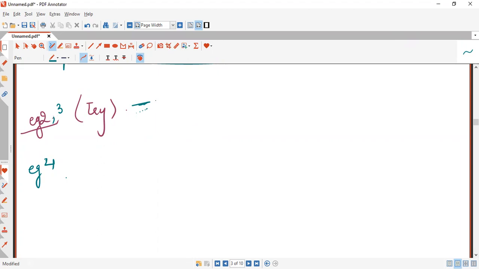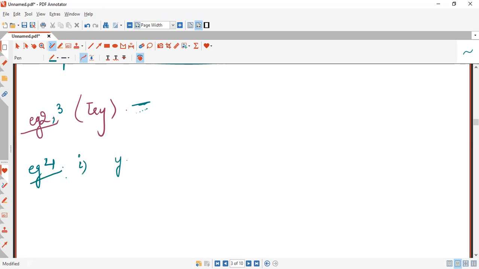The question is not asking to reduce it into the canonical form. If the question is saying that you have to find the general solution, that means you have to convert the values of ξ and η, whatever the canonical form you are getting, in terms of x and y. Alright, let's see the fourth example. Let's try the first and the third PDE. The second part you will try.